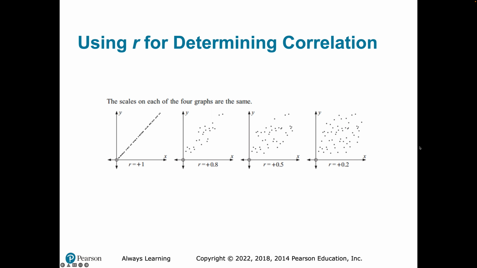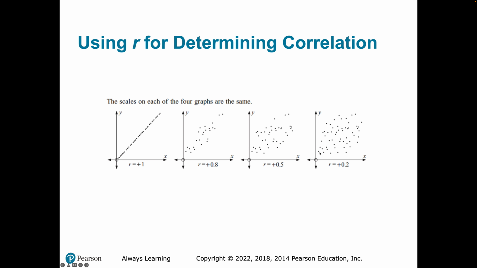Again, imagine there's a line going right through the central focus of this data. As these points start to spread more across the line, this value will decrease. So from here to here, it decreases to about 0.8. Notice there's more variation around that line that we can visualize. Notice the r value decreases and heads towards 0.